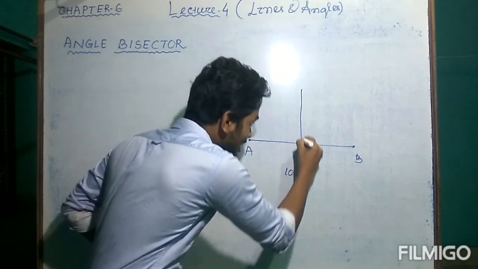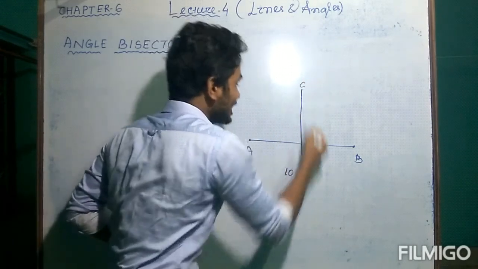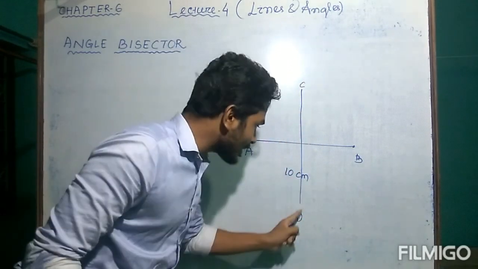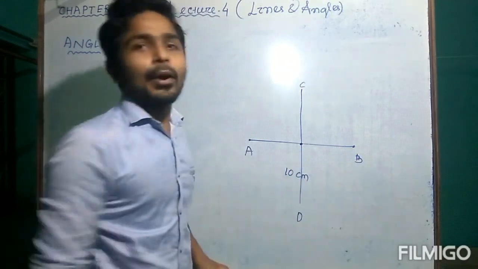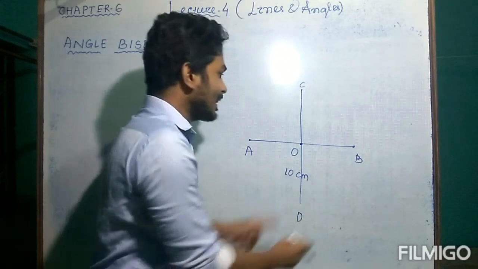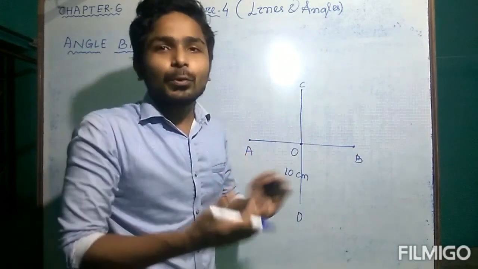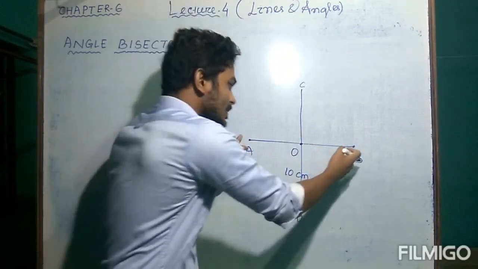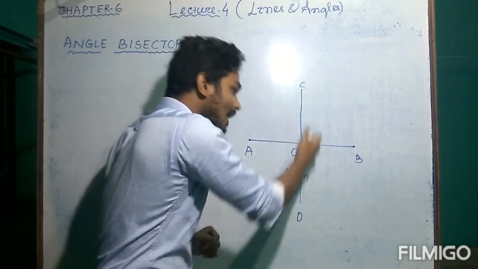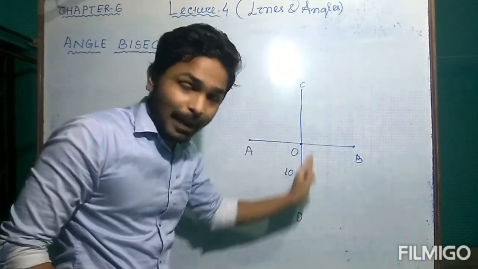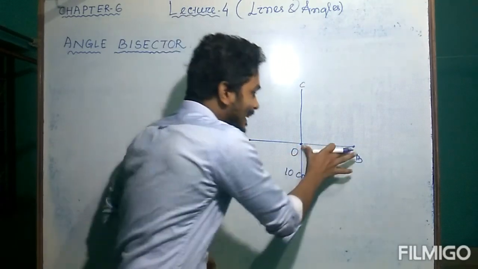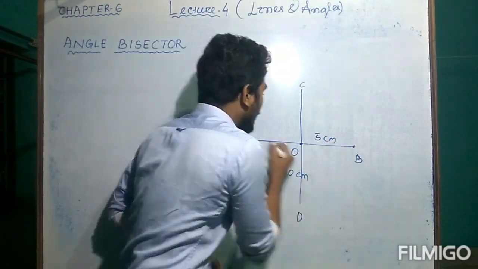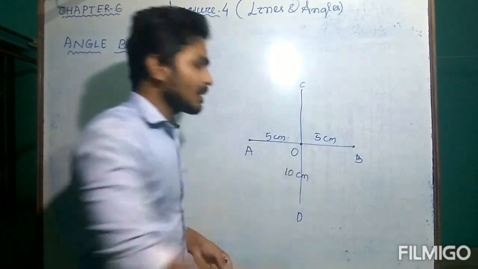So, suppose this is a line bisector CD, then this line bisector cuts the line AB exactly at the midpoint, so that these two halves are equal. Understood? Suppose this is 10 centimeter, then whenever the line bisector cuts this line at the point O, each half will be 5 centimeter. Right?